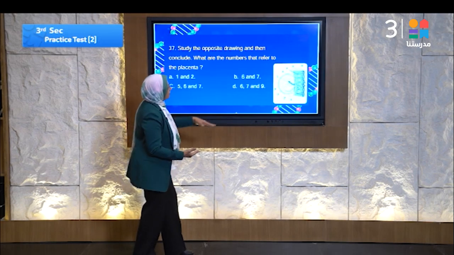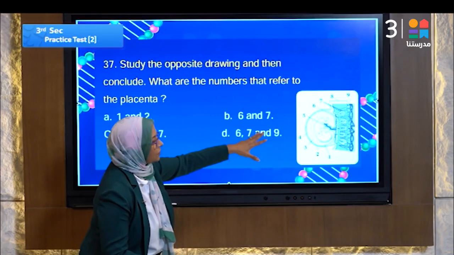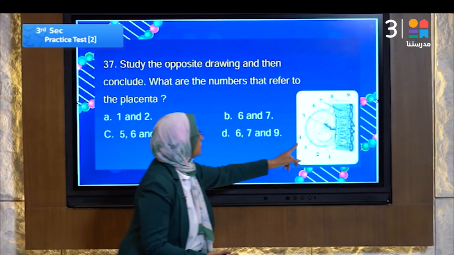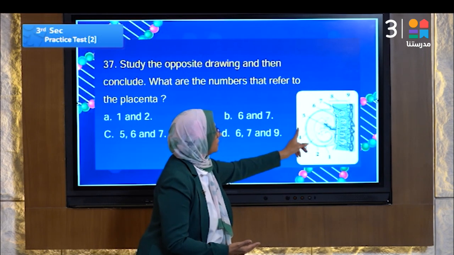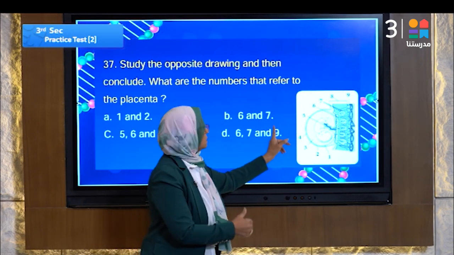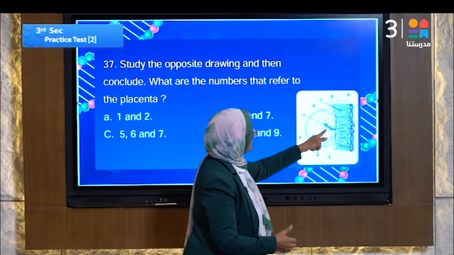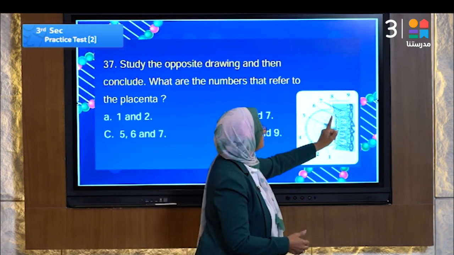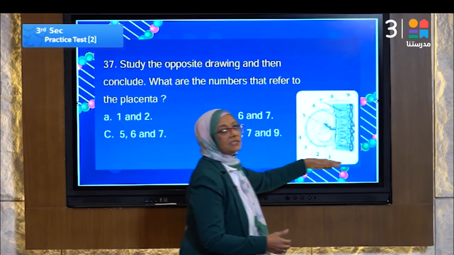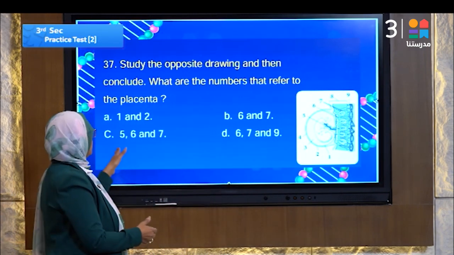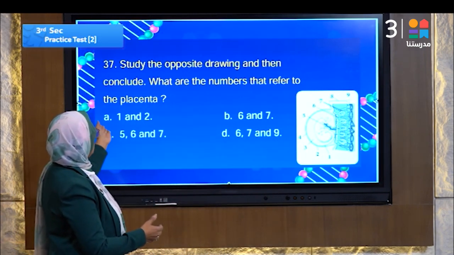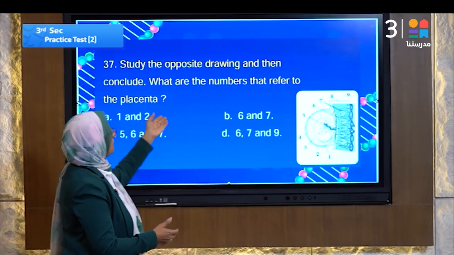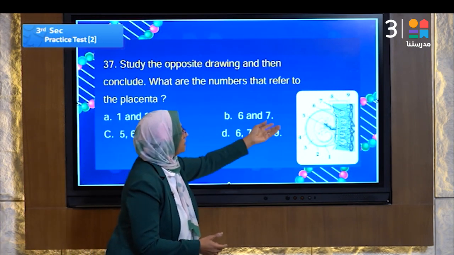So there are many numbers here. 1, 2, 3, 4 are for the baby only. 5 is the umbilical cord. 6, 7, 8, 9. Let's answer by reading the choices. A, 1 and 2. B, 6 and 7.